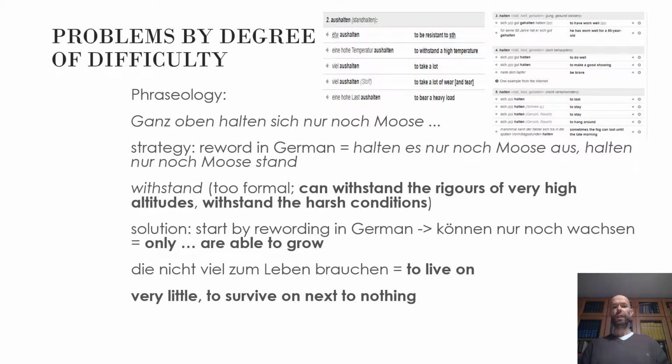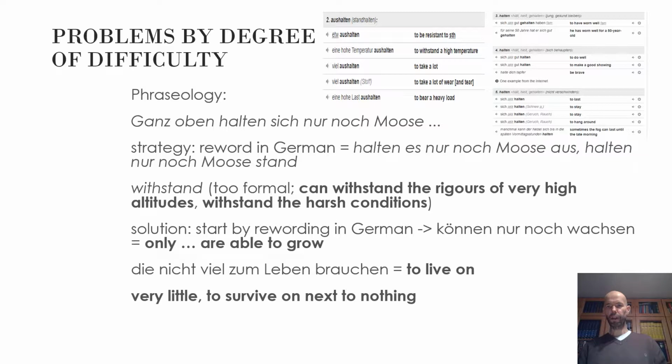Now the next sentence contains very idiomatic wording in German, which is "halten sich nur noch Moose". It might not be such a good idea to turn to the dictionary here, because in Pons, for instance, we do find translations of "sich halten", but none that can really be used in this particular context with reference to plants.